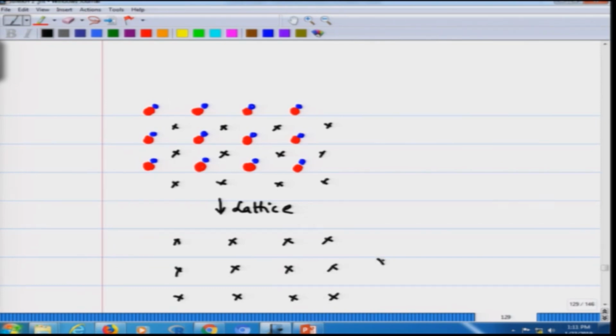Where now on each of these lattice points, which is this geometric collection of points, I can put a configuration of atoms which is like this.